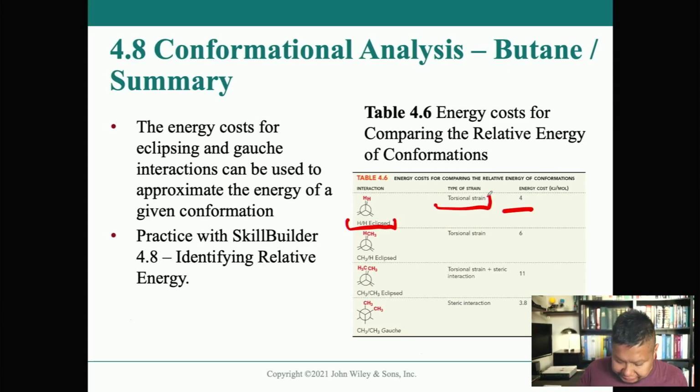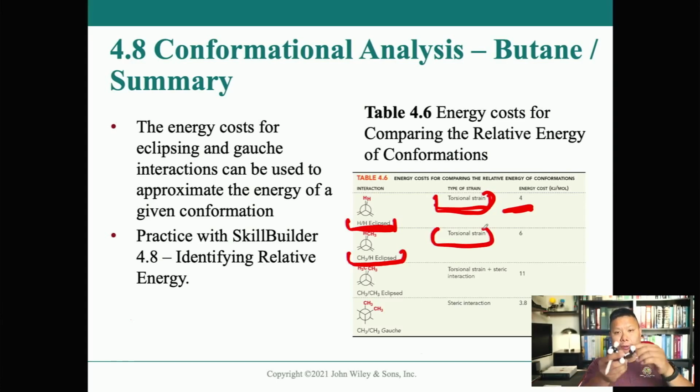So when it's just H-H, two protons eclipsing each other, there's only torsional strain, and that's 4 kilojoules per mole. Then there's the methyl-proton eclipsing. It's still just torsional strain because the proton is still kind of small. And then the methyl is going around, there's a little bit of repulsion occurring there, and that's why it's 6 kilojoules per mole.